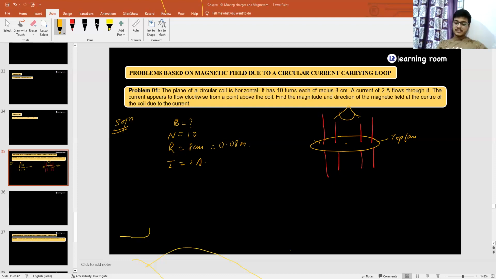Everybody, check this again. If you curve your fingers and then the thumb is pointing downwards, it should be here like this. Agree or not?